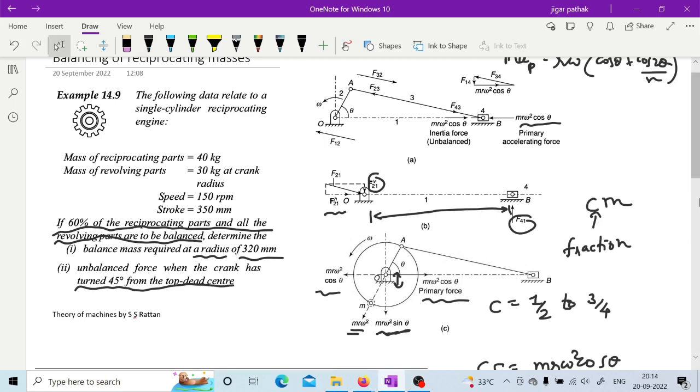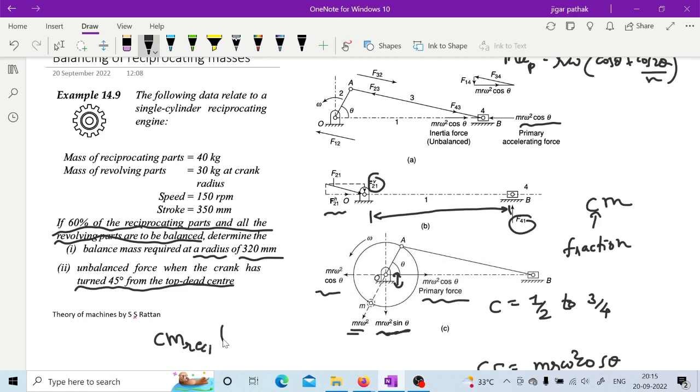Now can you try this question? Yes sir. Please try and answer this question, and be a little bit quick. See, the amount of mass you need to balance is that fraction of the reciprocating masses plus the full revolving masses.